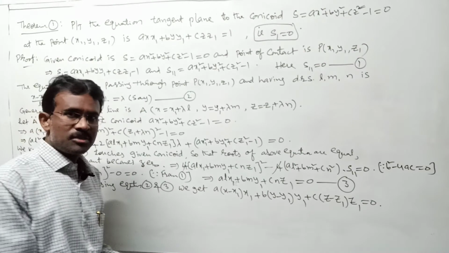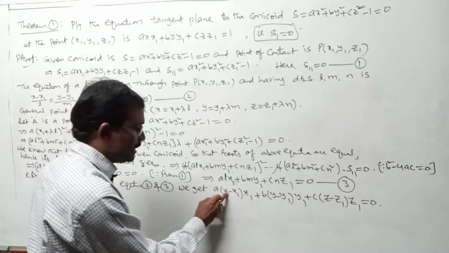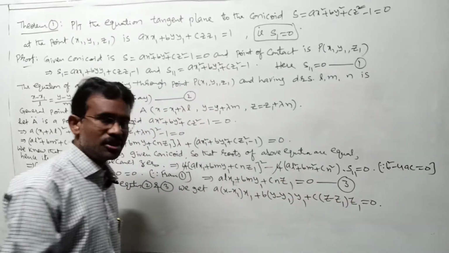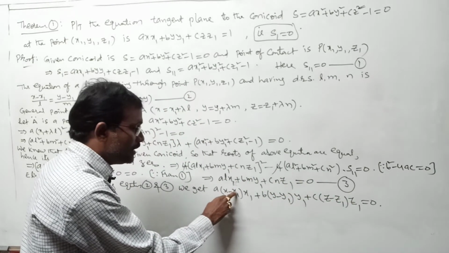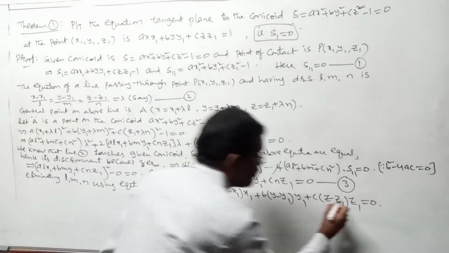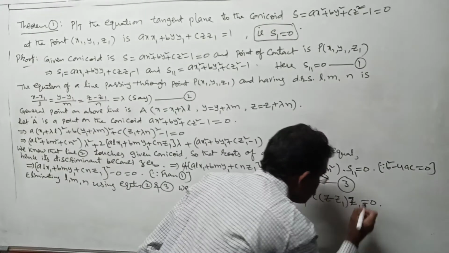Now I am writing this expression as 2 parts. One part is AXX1 plus BYY1 plus CZZ1 is one relation, minus of AX1 square plus BY1 square plus CZ1 square. Like that I am proceeding here. Right?